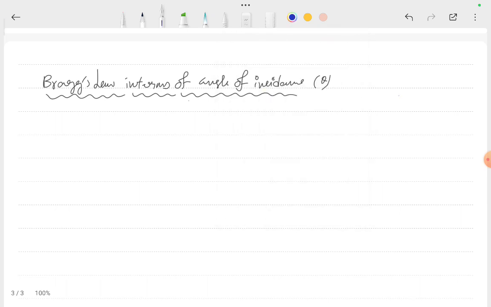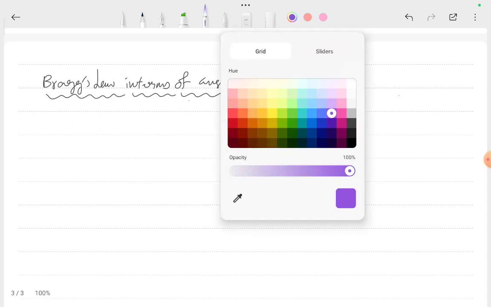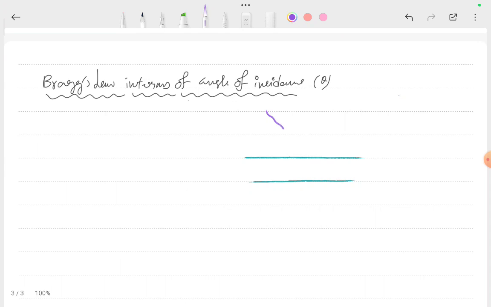This is a crystal plane, we all know, right? And here electromagnetic waves are incident and then diffracted.